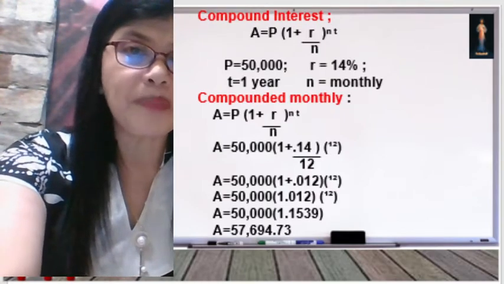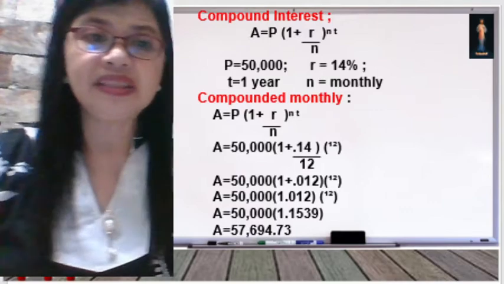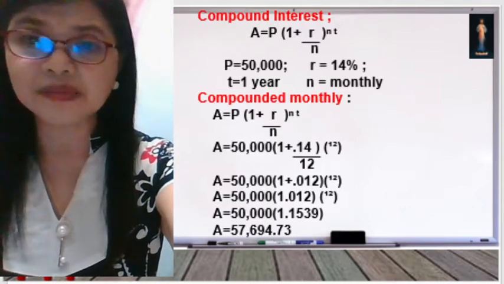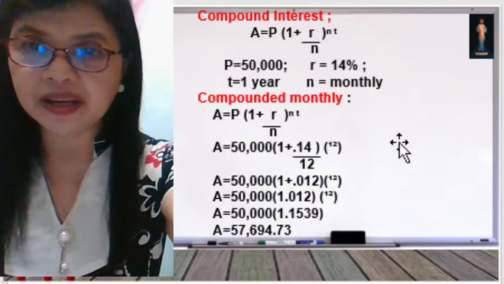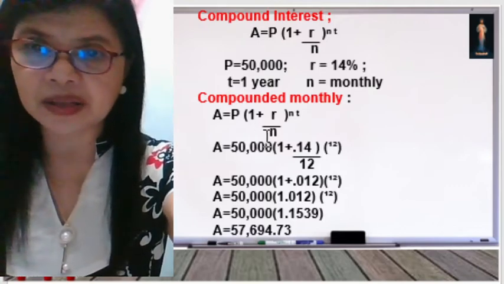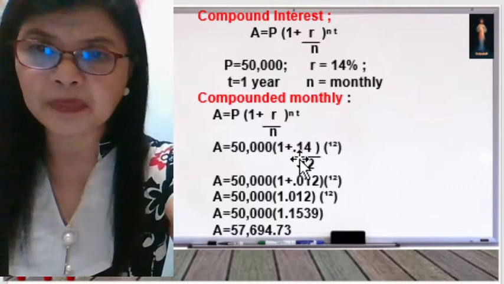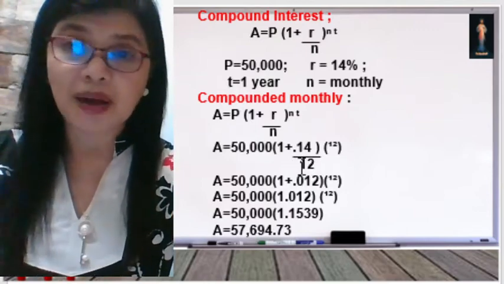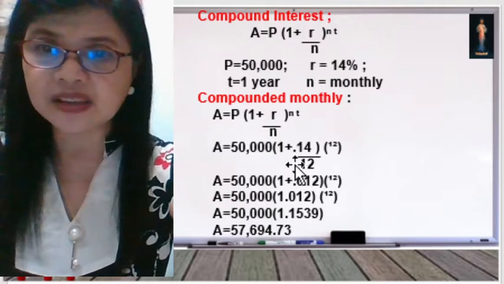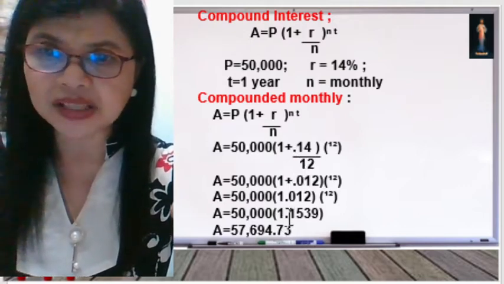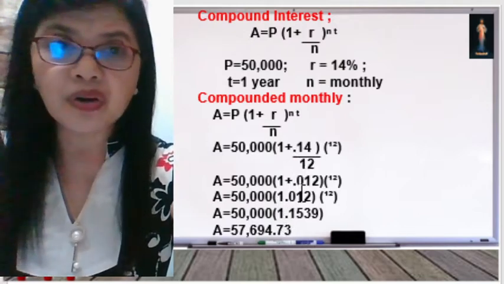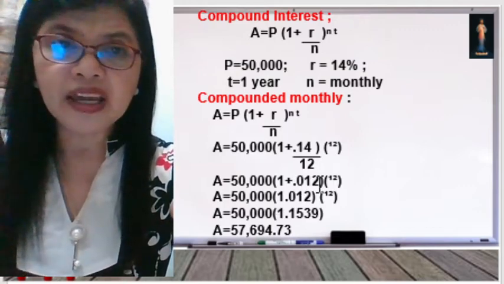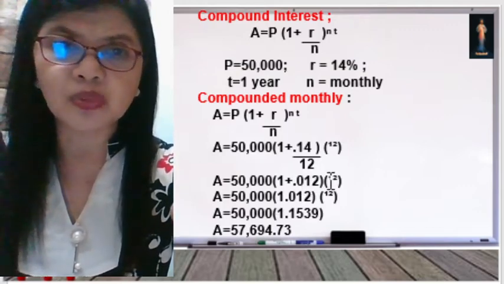If it is compounded monthly, your n becomes what? Your n here, the monthly, you replace it with 12 because it is compounded monthly. So 0.14 divided by 12 will give you how much? 0.012. But it is again raised to the 12th power.